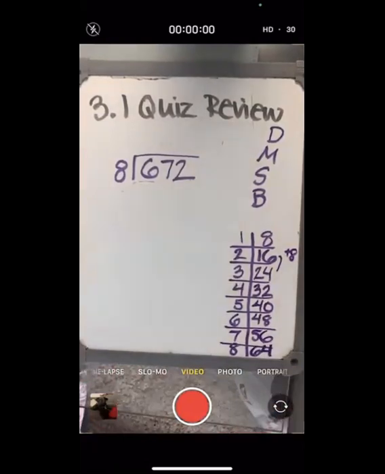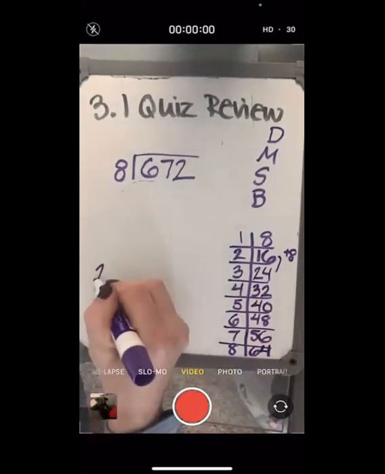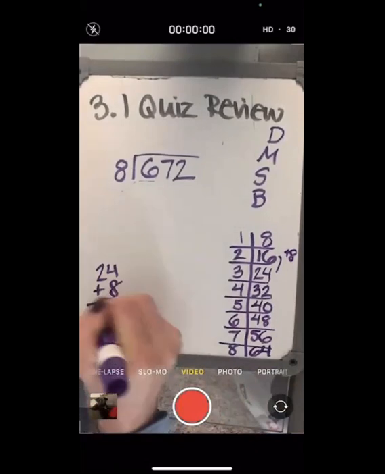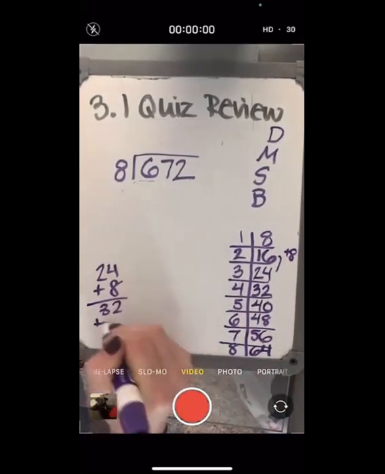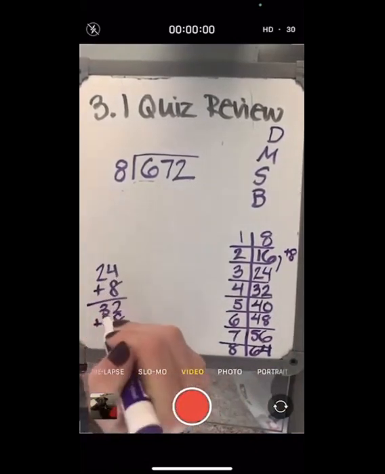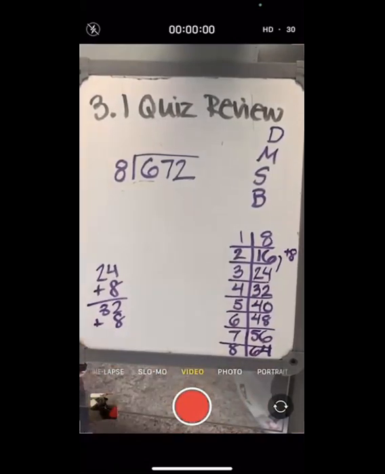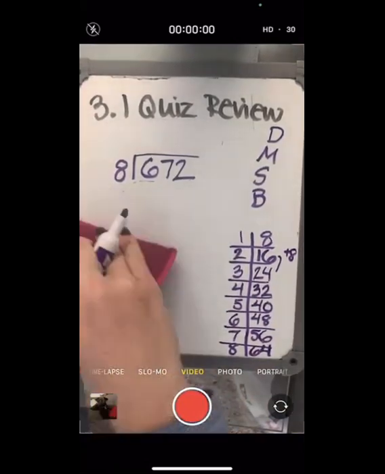We can stop there, right, PJ? So luckily, PJ knows his 8s facts, and for PJ, this is a really easy way to see all of his 8s facts. But again, if you are stuck, do some addition on the side. 24 plus 8, 32 plus 8. You can do this over and over again if you're feeling stuck. Add an 8, add an 8, add an 8.